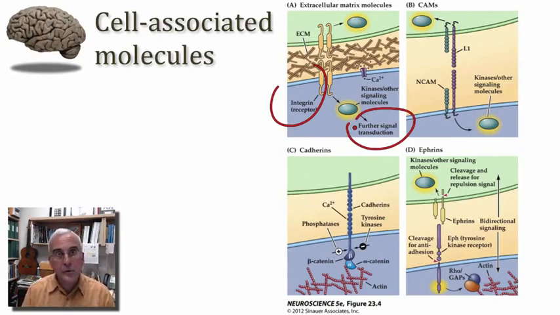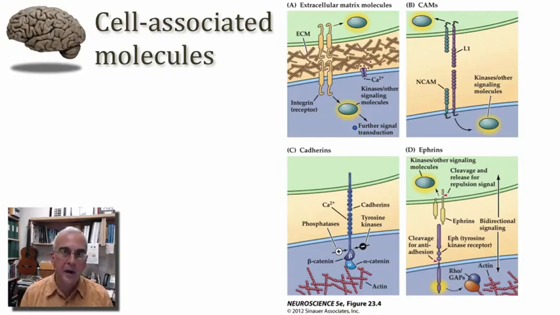Well, those are the integrins. There's a variety of individual members of that family. Next, I'd like to mention the cell adhesion molecules. These are very important for mediating several different specific aspects of pathway development. We'll talk about some as we move along here.